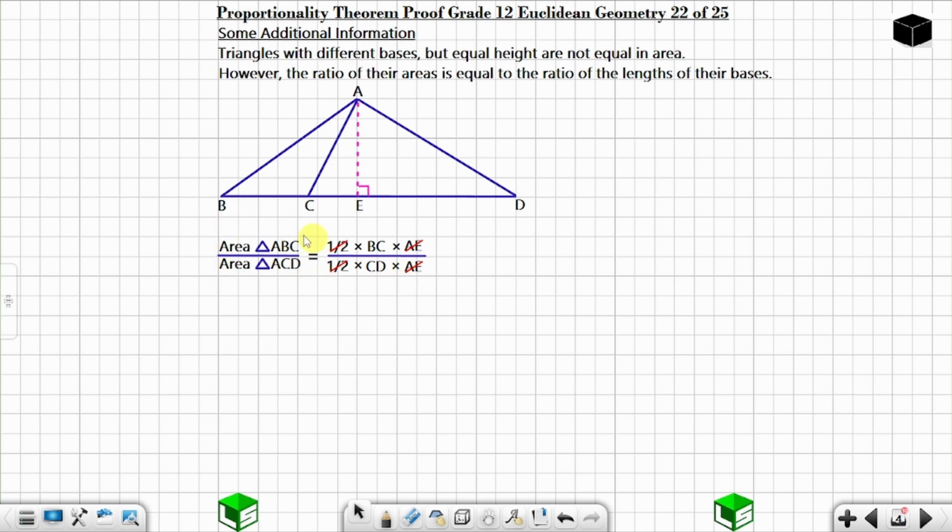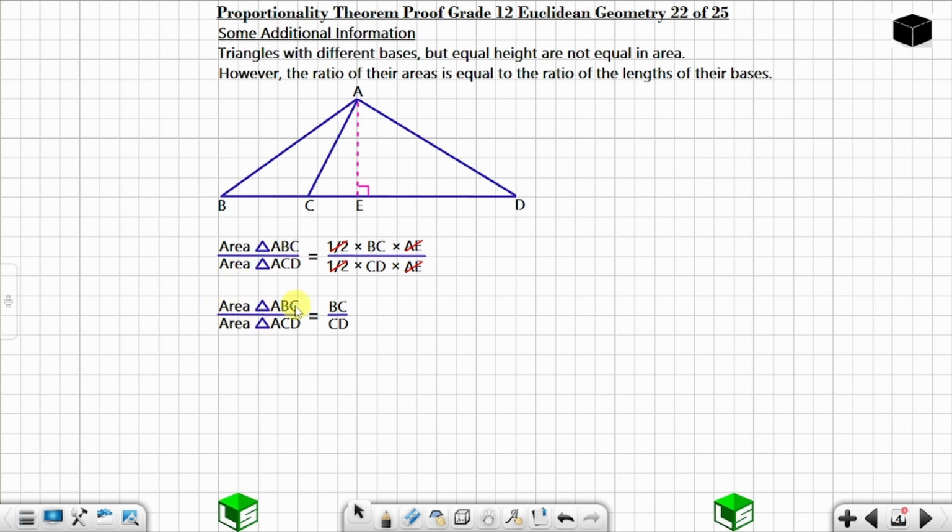Now this ratio is equal to BC over CD. Now you can see the ratio of their areas.